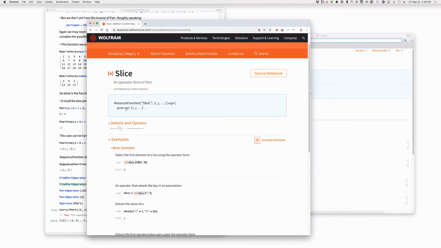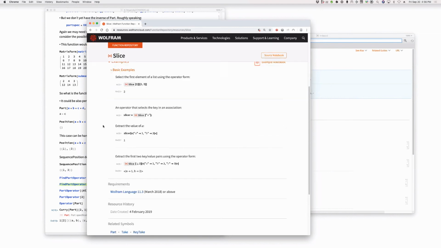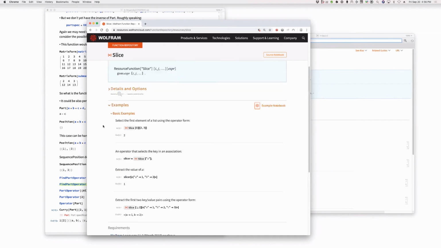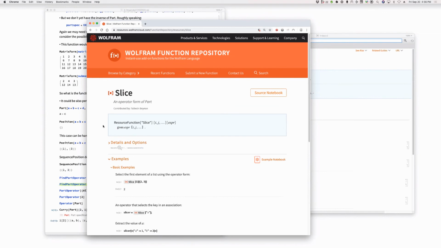This formatting is really sucky. Devin, another thing to complain about. Yeah, I mean, it's an operator form of part. I have no great thrill.